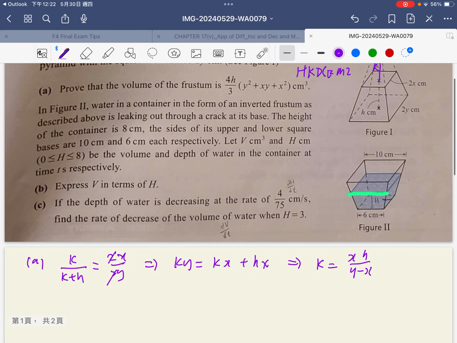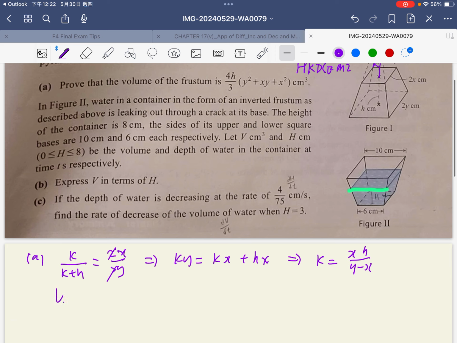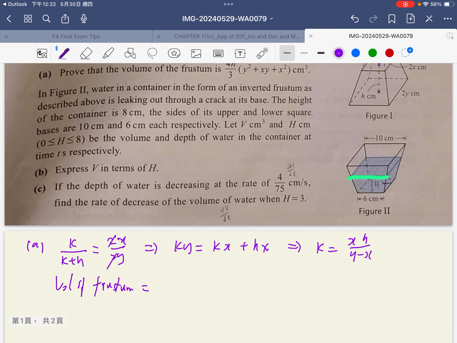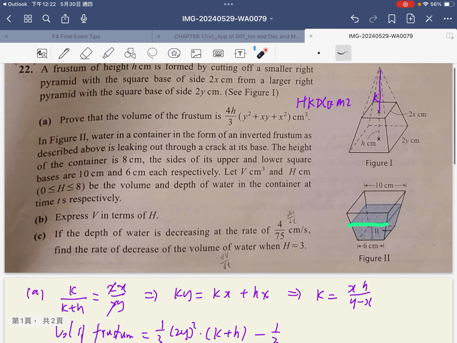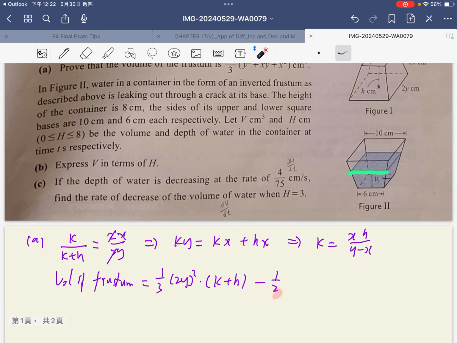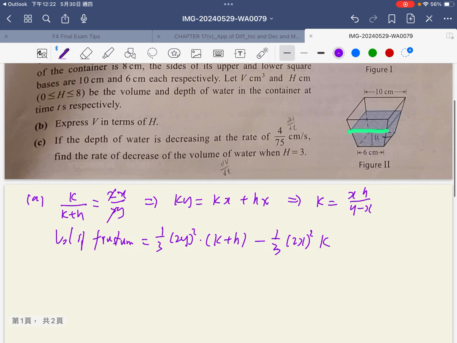Then the total volume of the frustum is equal to the large pyramid minus the small pyramid. The large one is base area times the height over 3.